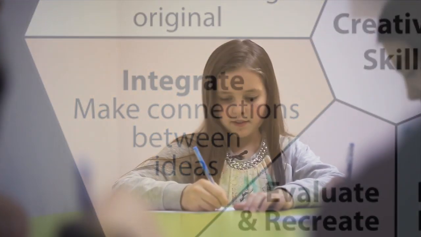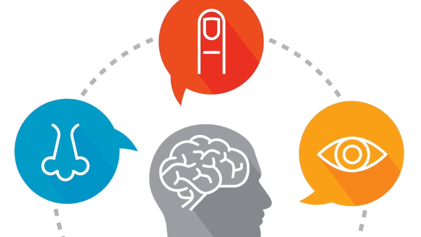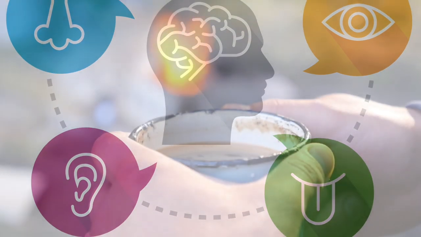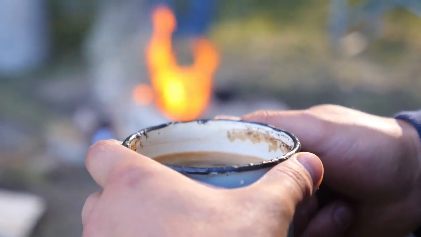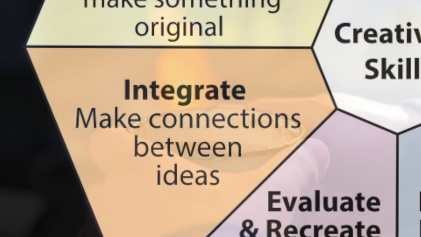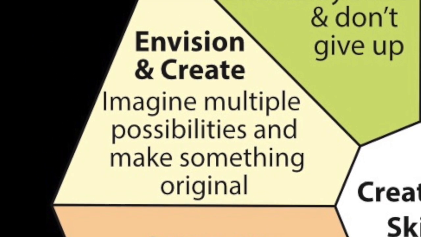As you develop sensory details in their writing with prompts like, in your memory, what do you remember smelling, hearing, seeing, tasting, and feeling? Was it warm or cold? What were you wearing? You're also helping them to envision their visual art.